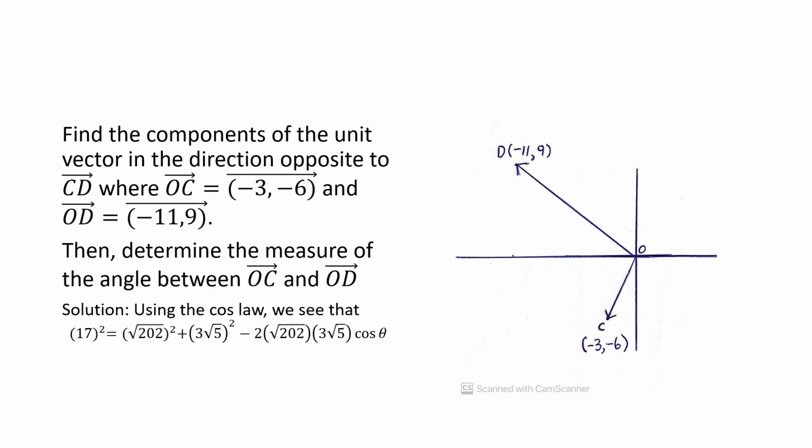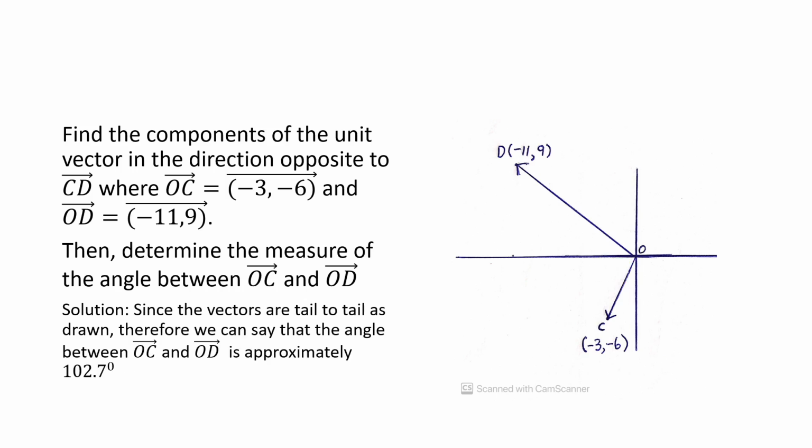And using the cos law, we can see that our angle theta can be determined as shown. Anytime you have side, side, side of a triangle, you can use that method shown. And ultimately, we get theta is roughly equal to 102.7. So since the vectors are tail to tail as drawn, we can see the angle between OC and OD is approximately 102.7 degrees.